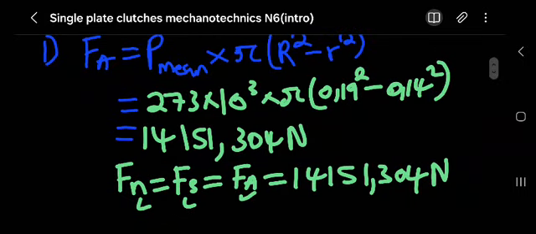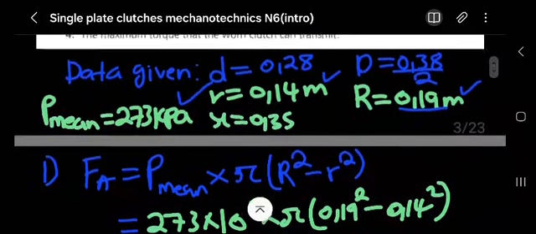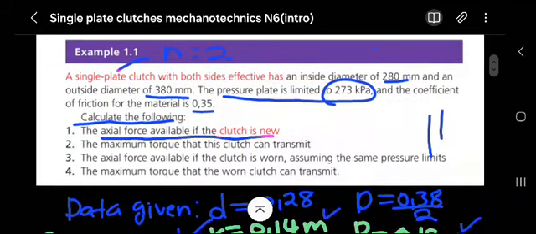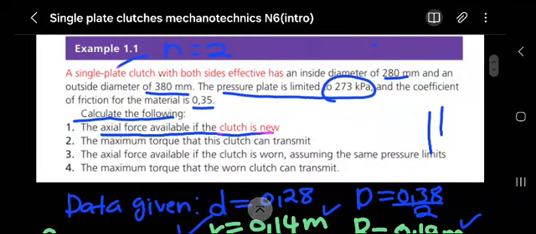Right. Okay, no problem. Then number 2, the maximum torque that the clutch can transmit.